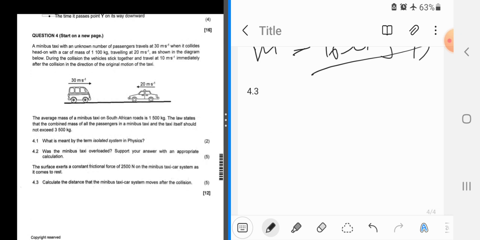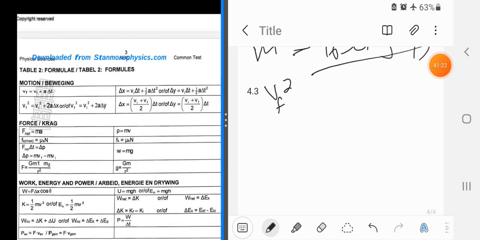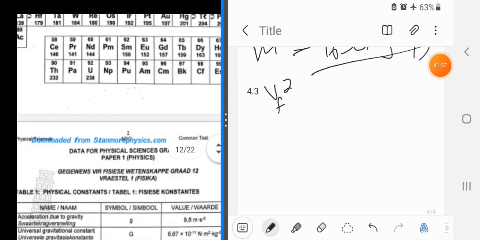So I'm going to use this formula on the motion part of the formula sheet: Vf squared equals Vi squared plus 2a change in x. That's what I'm going to use for this question.